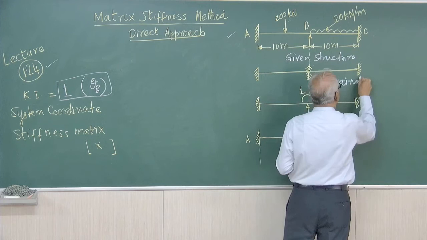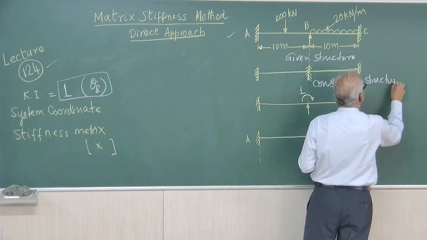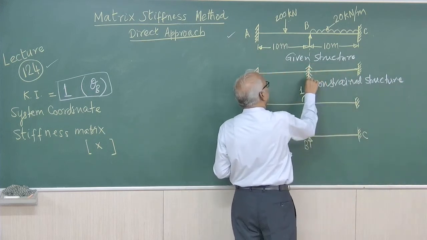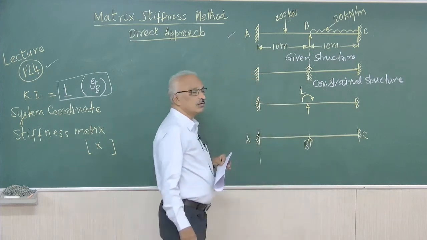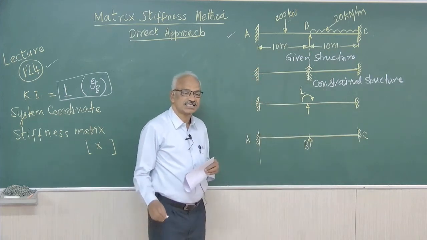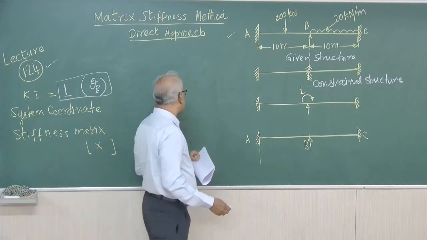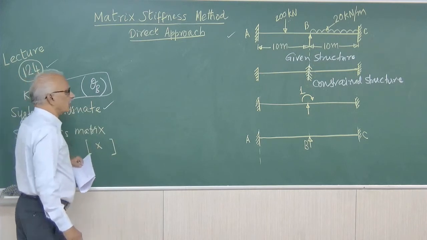Theta B is possible, and we are arresting it so that theta B equal to 0. So the structure is kinematically determinate, that is a constrained structure. Next is the system coordinate.